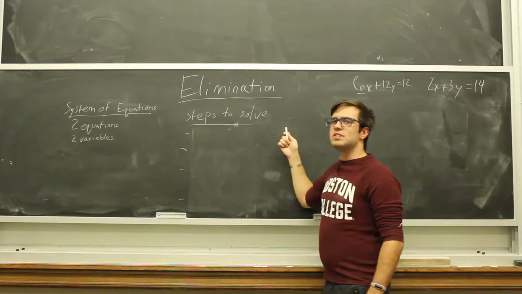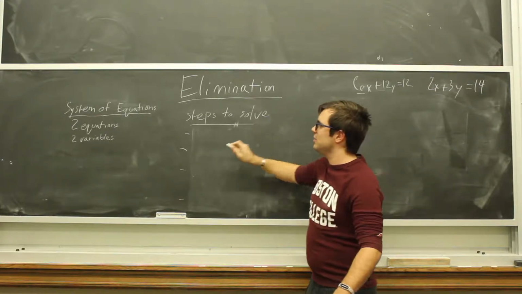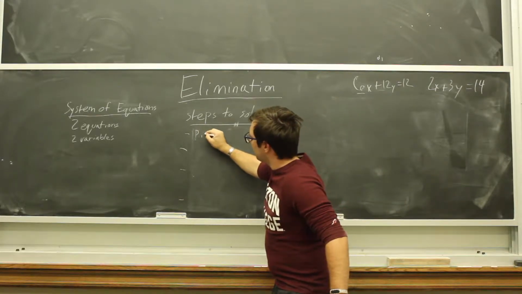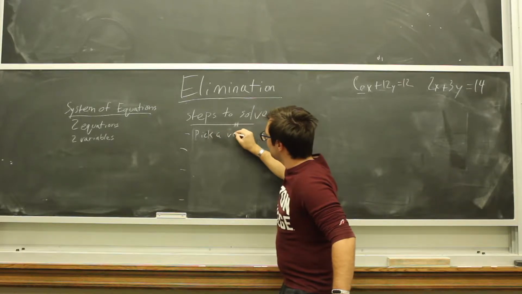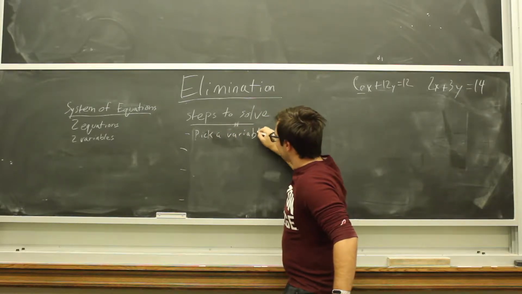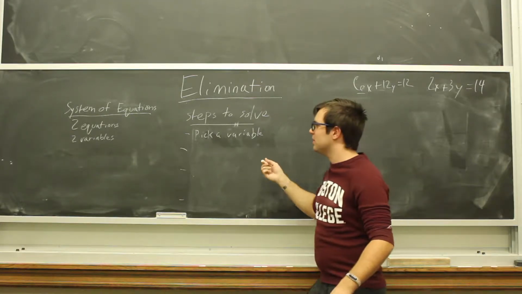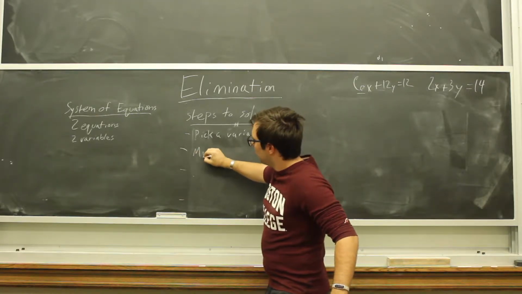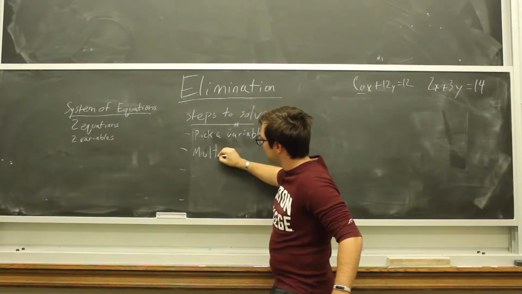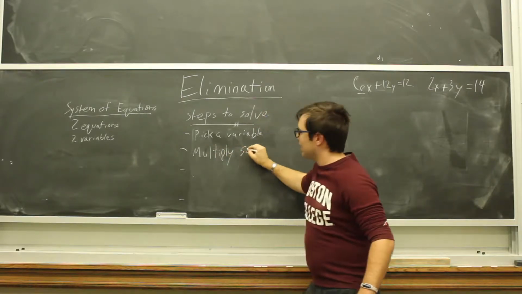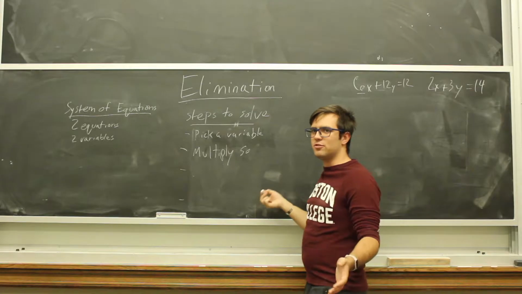So the steps to solve the equation using the elimination method is first we're going to pick a variable. It can be x, it can be y, it doesn't matter which one, we just need to pick a variable. Next, we need to multiply so that our coefficients are the same for that variable.